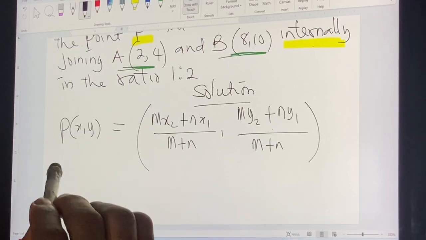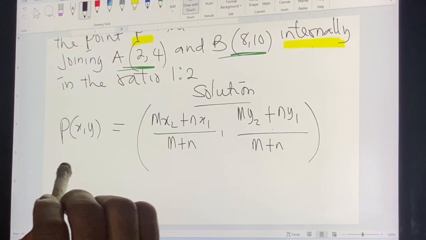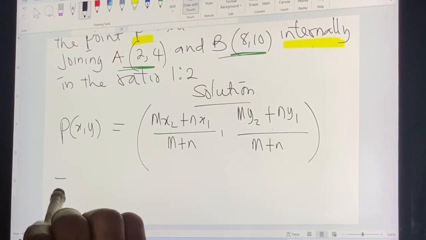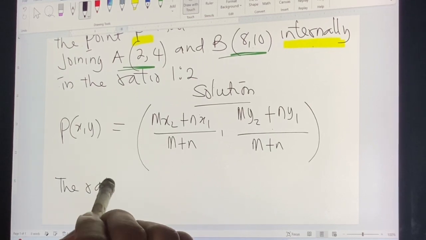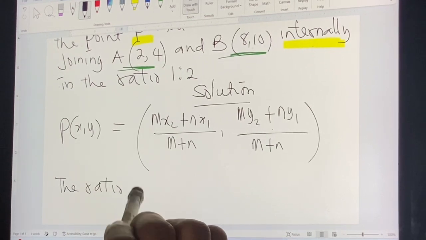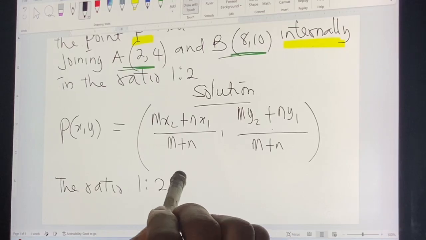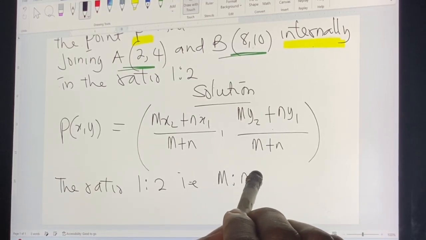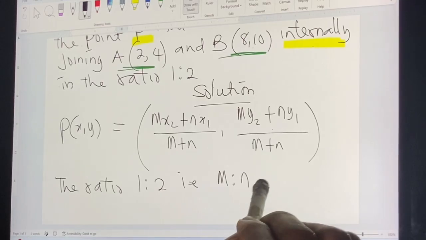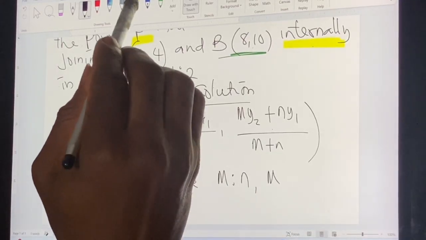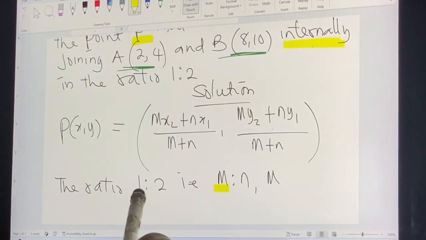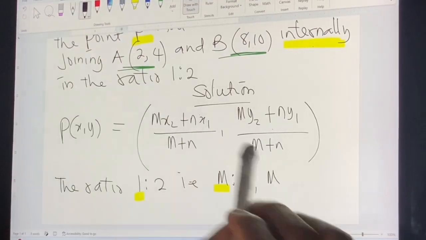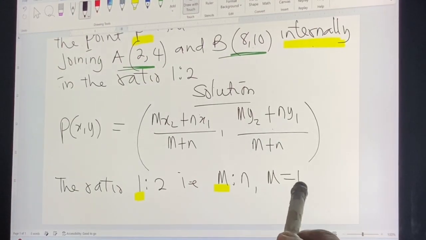To replace the values here, the ratio 1:2, that is m:n, is given to us. Remember, the position of this m here corresponds to this, so the value for m is equal to 1.